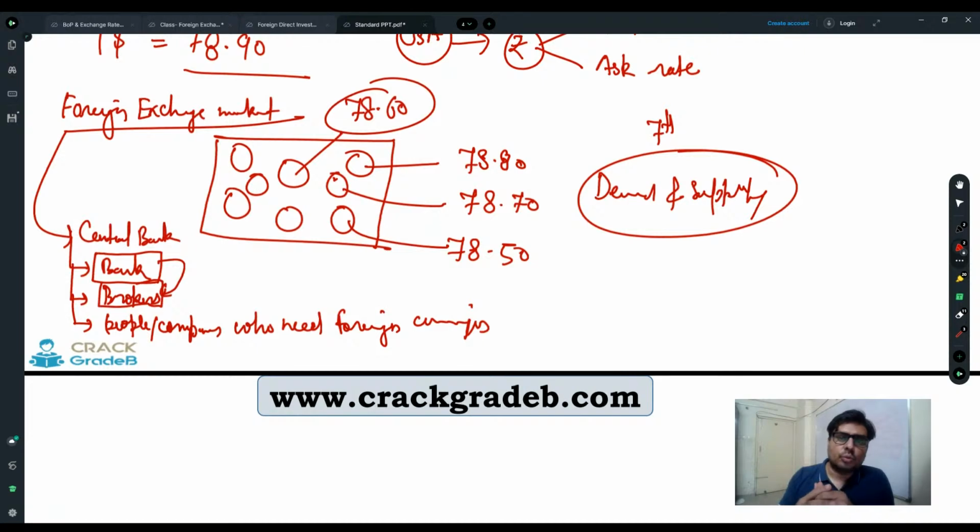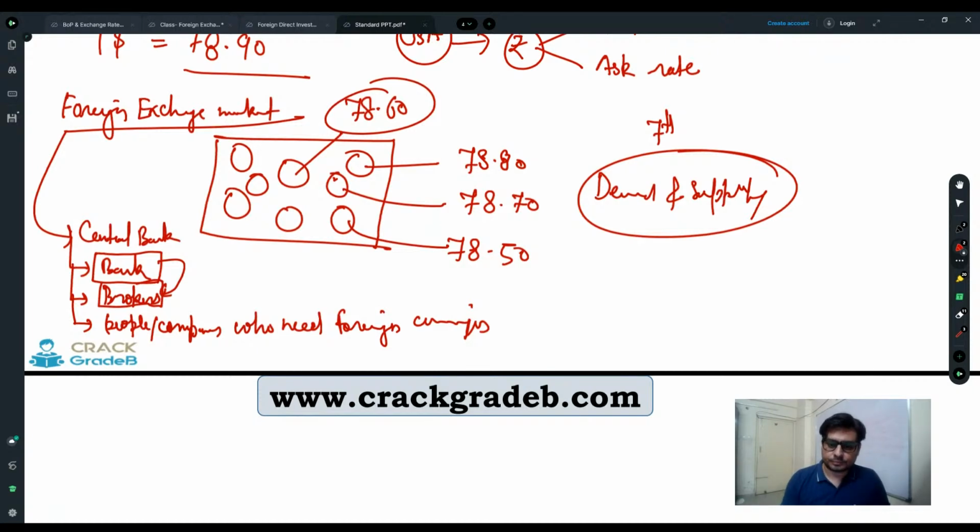So the question arises, why do they not do this on their own? You know that banks are of different sizes. One bank may have a large appetite to absorb too much foreign currency. That means it can go for more aggressive and hawkish sales and purchases, which would destabilize the entire price finding mechanism. So that is why generally banks in the world do this business through official brokers.